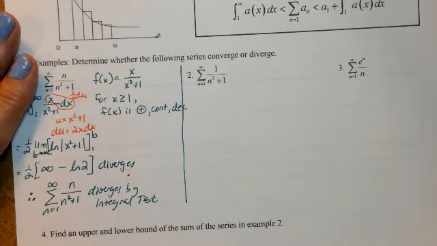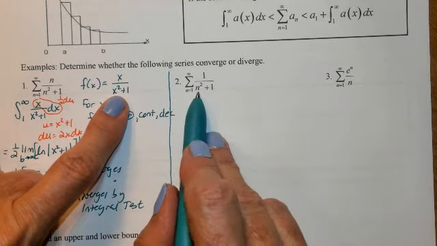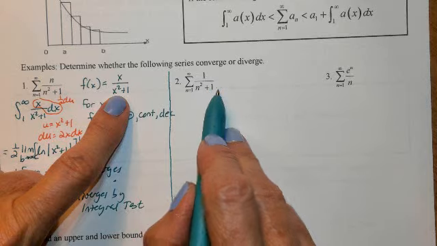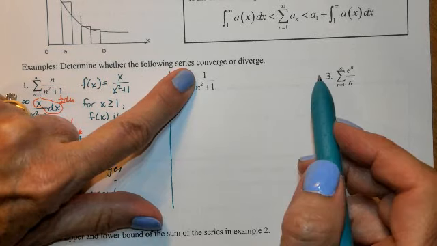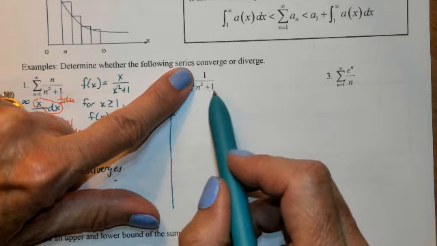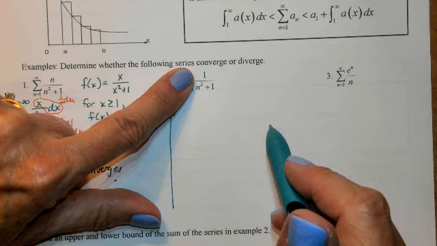Number 2. First of all, it's not geometric, it's not telescoping, that plus 1, it's not. Can I use the nth term test? As n goes to infinity, I'll have 1 over infinity, that's going to 0, so I cannot use the nth term test.